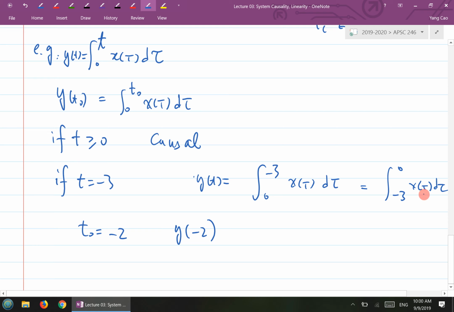Values of input from negative 3 to negative 2, and then negative 2 to 0, right? That's piecewise integration. Negative 3 to negative 2 is fine, those are the past compared to negative 2, right? But between negative 2 and 0, compared to negative 2, they are actually what? Future, right? So in this case, if your t is a negative value, this system actually becomes a non-causal system.